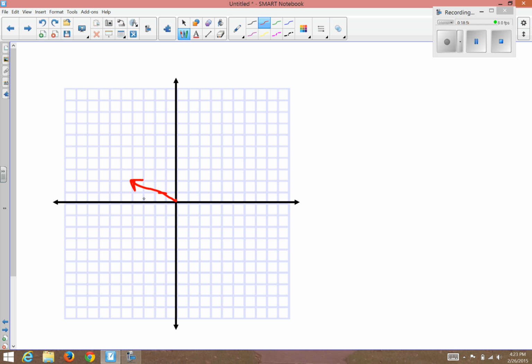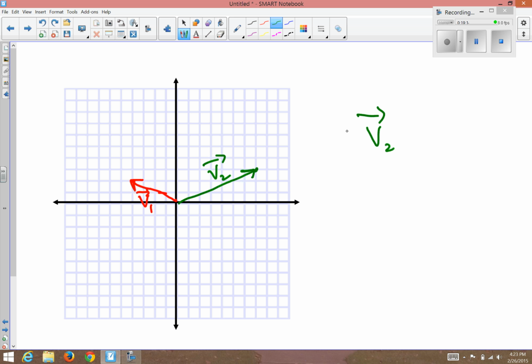That's vector 1. And then I'll plot the vector 7, 3, 1, 2, 3, 4, 5, 6, 7, 1, 2, 3. That's vector V2. V2 is the green vector.